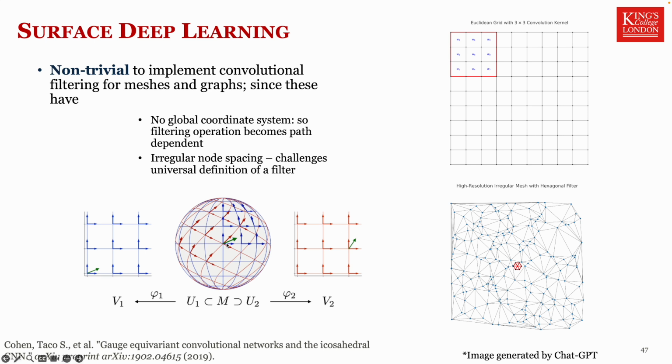We also can't transform our filters over a surface in a uniform way because there is no global coordinate system. Coordinates are instead local and defined relative to a tangent plane. So if you transform a filter over even a sphere in two different directions, the orientation of that filter at different locations will be completely different.